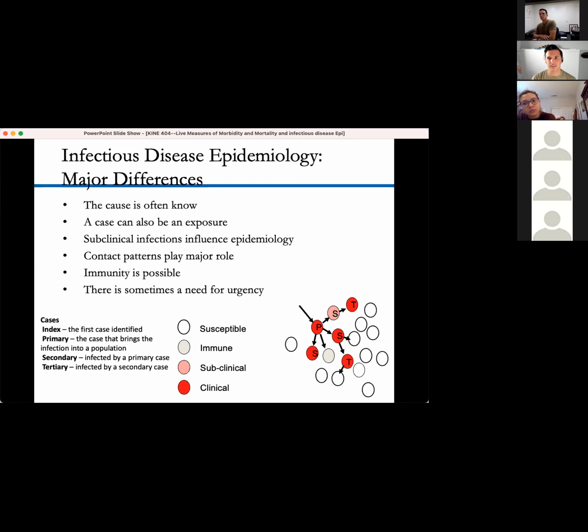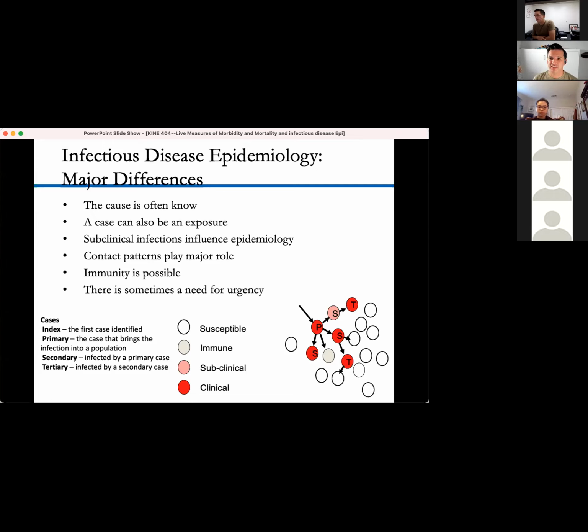We know the cause of AIDS, or acquired immunodeficiency syndrome, is someone being infected with the HIV virus, or human immunodeficiency virus. So understanding that particular causative agent, that virus or bacteria, and how it leads to disease is unique in infectious disease epidemiology.